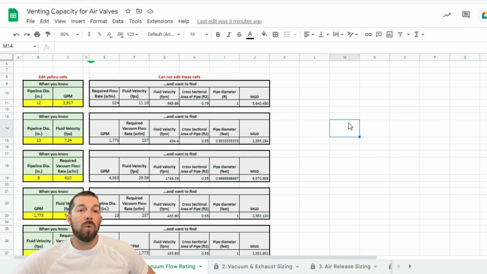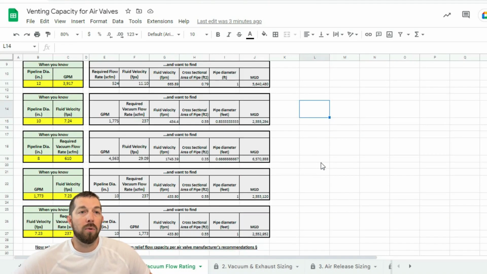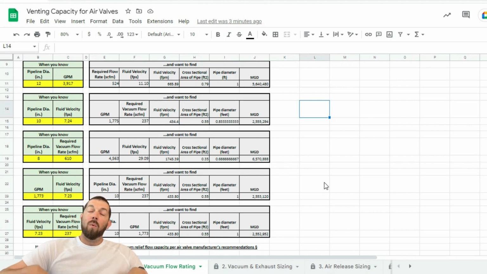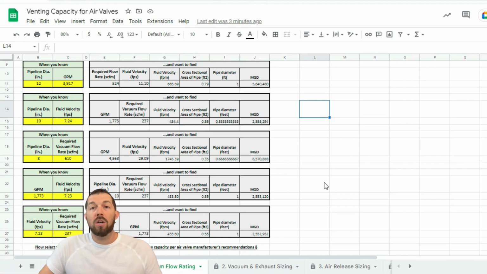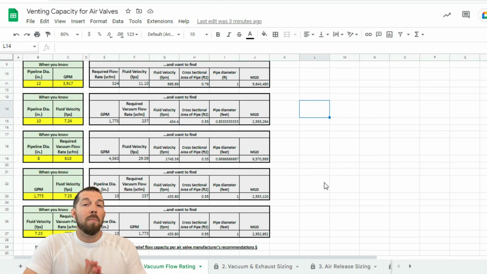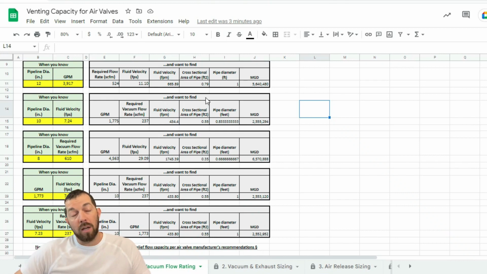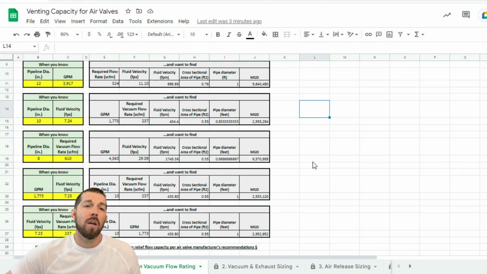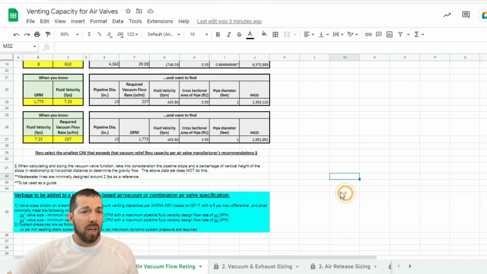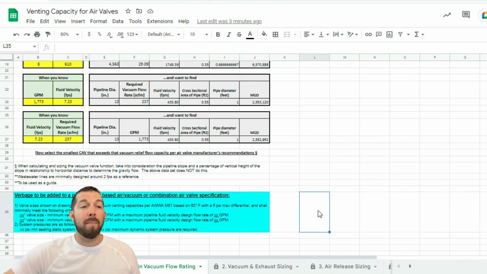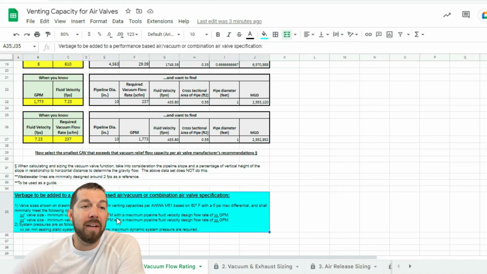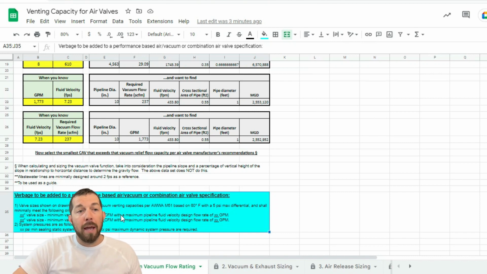I would also highly encourage, whether you're looking at specifications or even municipality standards, some standards go by city, some standards also go by county. It might be in the best interest to move things over to a performance-based air and vacuum or combination air valve specification.